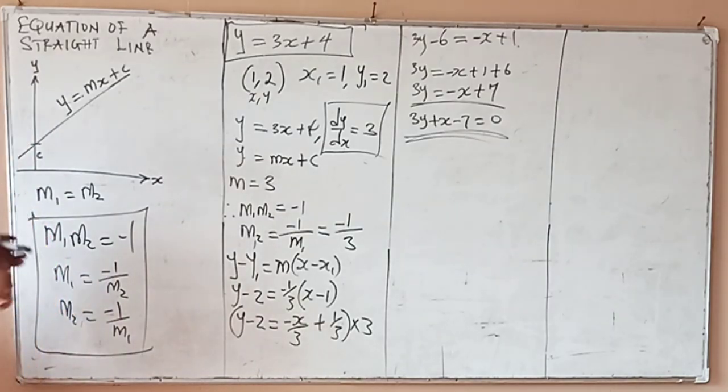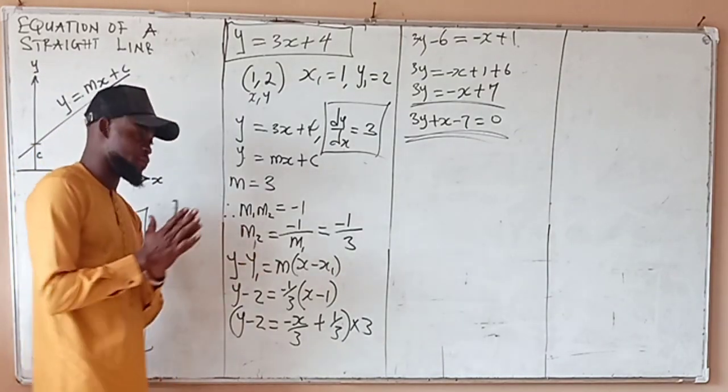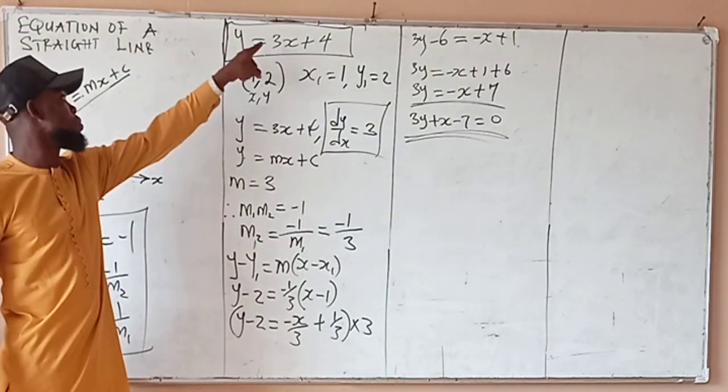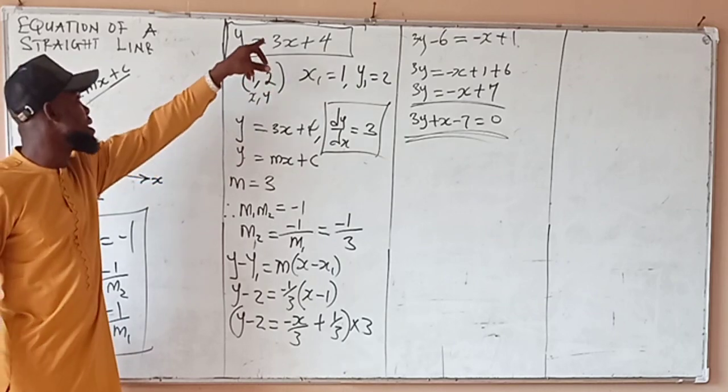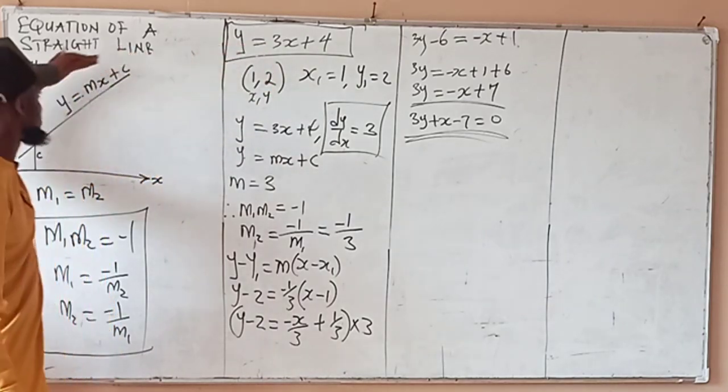So please ensure you understand what just transpired here. What we said was obtain the equation of a line perpendicular to this line. So you get the gradient of this line by differentiating this equation or comparing this equation to this, whichever you like.